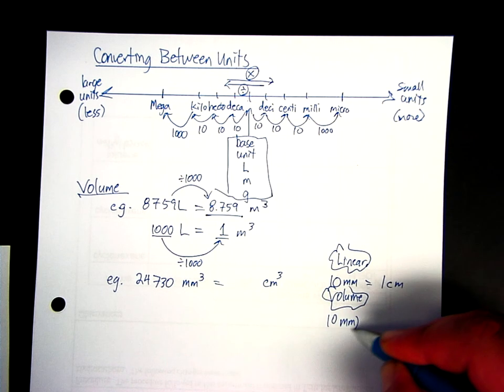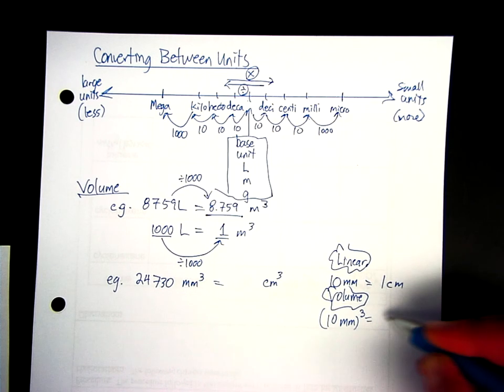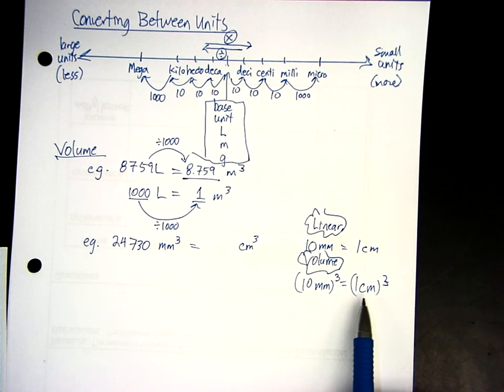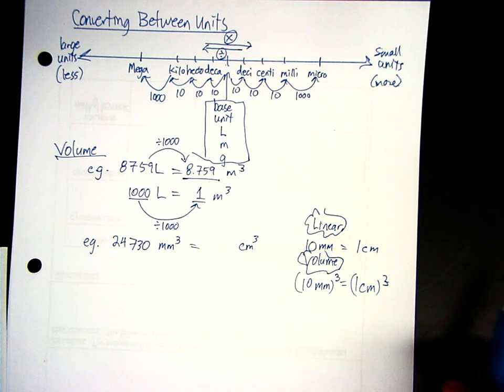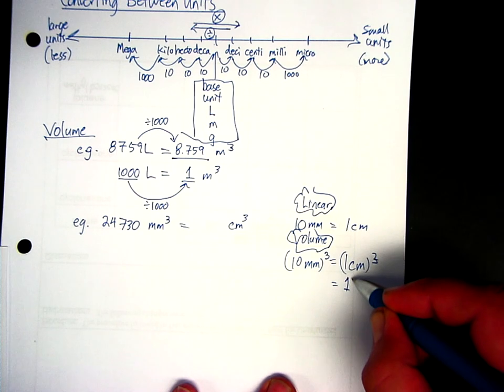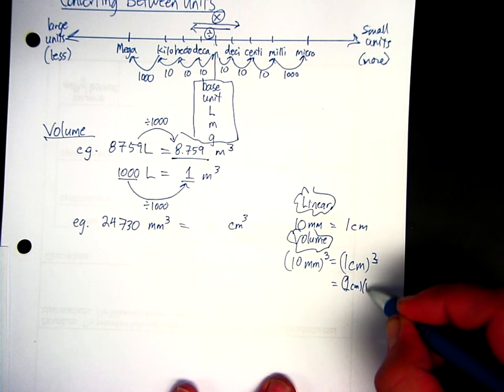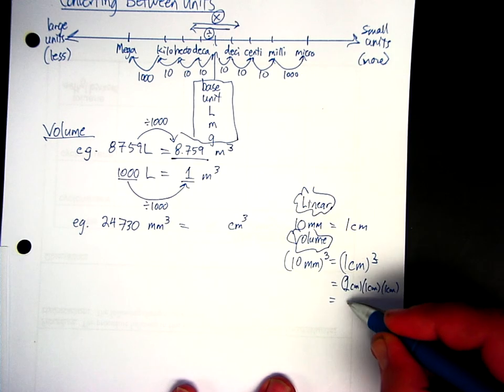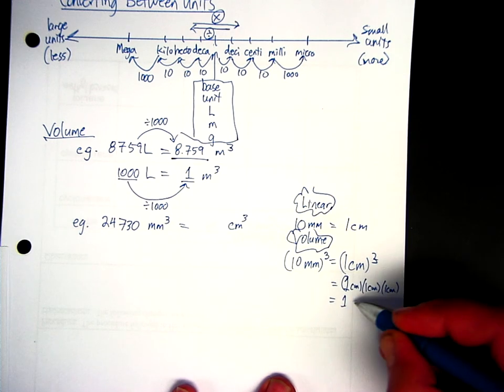Now, the thing that confuses people a little bit is that when I do that, I'm going to multiply 1 centimeter by 1 centimeter by 1 centimeter, and that number is not going to change because it's still 1. If I multiply the numbers, it's 1. Multiply the units, there's 3 of them, so it's centimeters cubed.